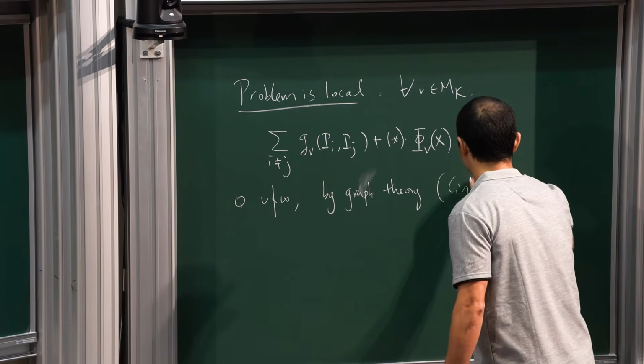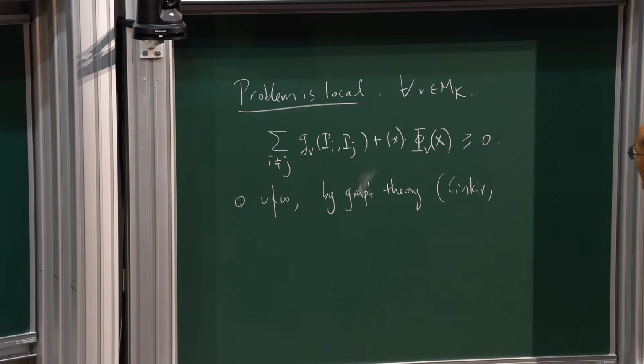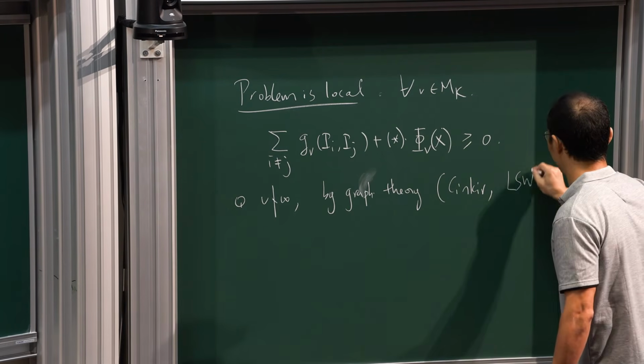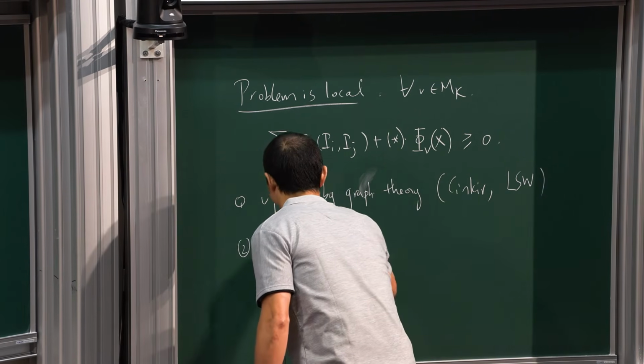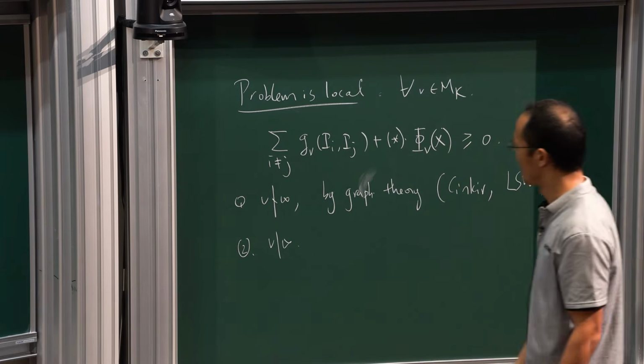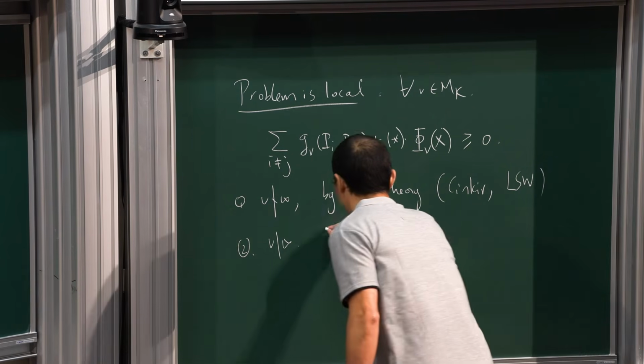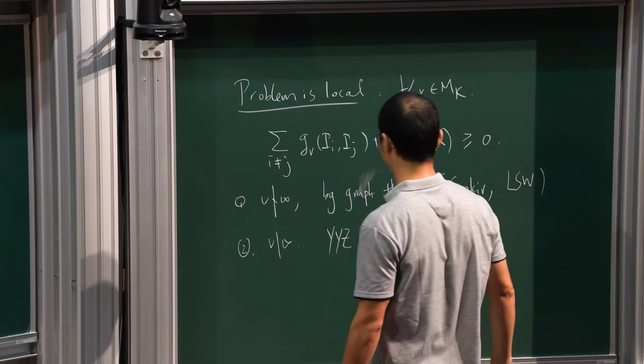This is essentially due to Zhang. And then some extra work is by LSW. And then v is Archimedean. This is YYZ. This time it's YYZ, not YZZ.